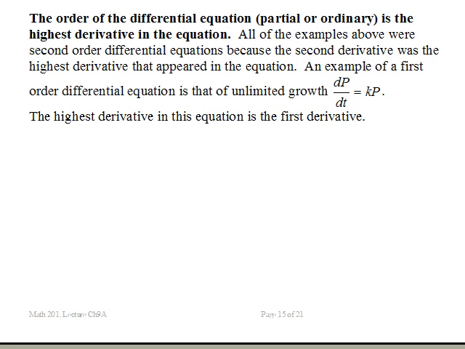We can now look at the order of the differential equation, whether it be partial or ordinary, and the order is the highest derivative in the equation. So for the wave equation, or for the harmonic motion, we had the second derivative equals minus k over m times x of t.